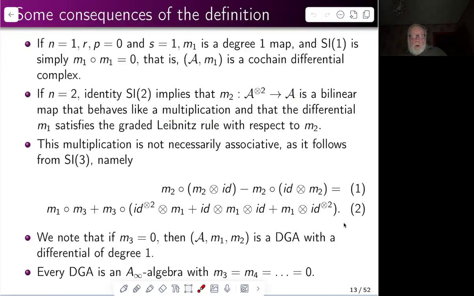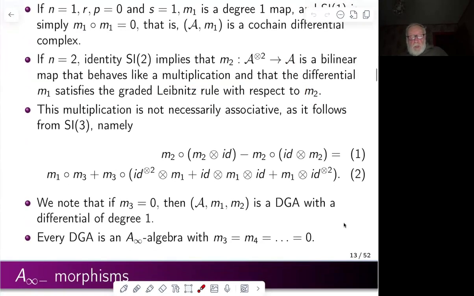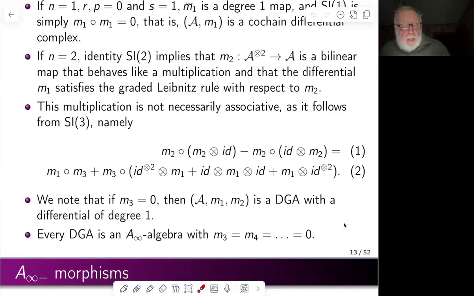Also there is a compatibility with this differential m1, and this compatibility means that we have a graded Leibniz rule with respect to this operation of multiplication. But roughly speaking, we have a not necessarily associative operation. It is multiplication, but not necessarily associative.